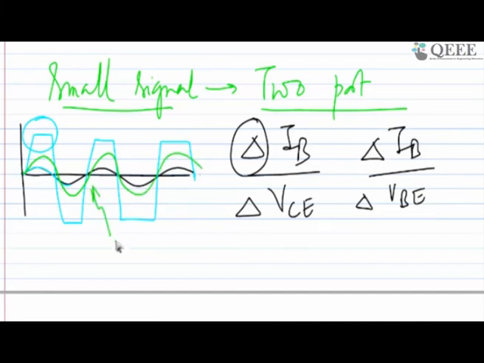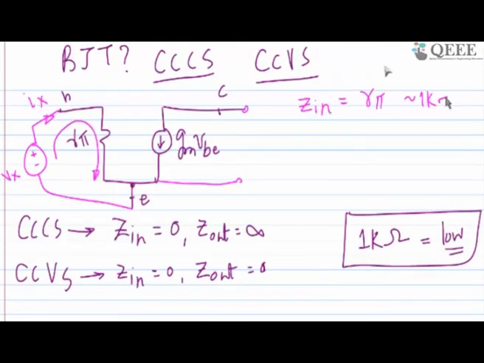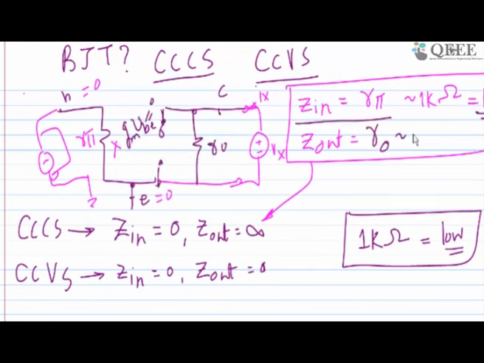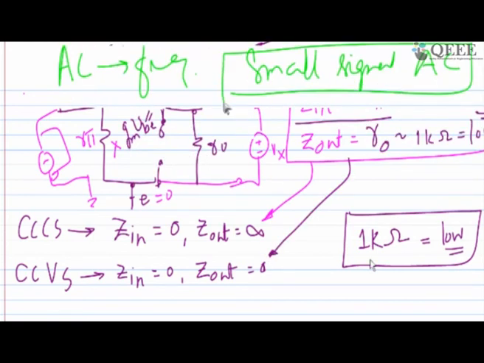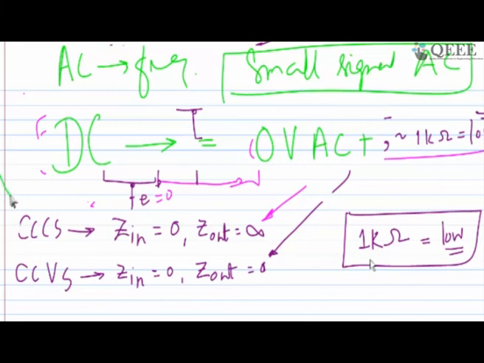So when I'm doing this, generally I'm applying a frequency. I'm not applying only DC. AC has a frequency, and what we are doing is small signal AC. That is the main tagline. Wherever I am seeing DC, DC is equal to how much? It's 0 volt AC plus, let's say I am applying 1 volt DC, so plus 1 volt DC.